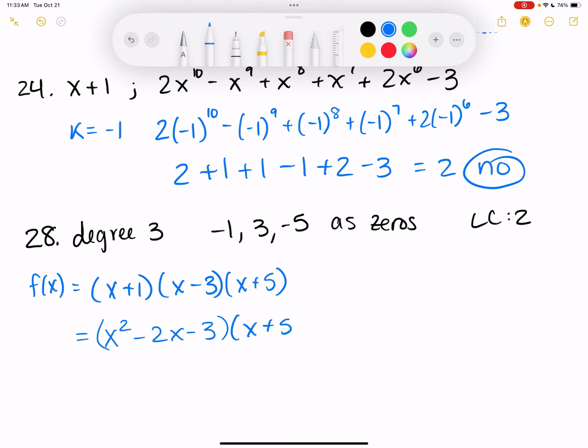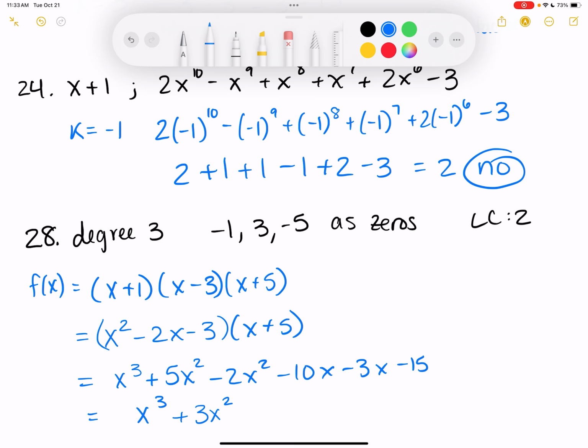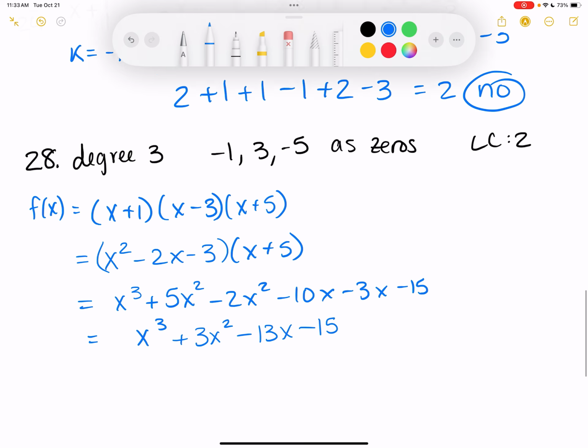So I've got x cubed plus 5x squared minus 2x squared minus 10x minus 3x minus 15. So then combining, I've got x cubed plus 3x squared minus 13x minus 15. Now, it said I have to have a leading coefficient of 2.